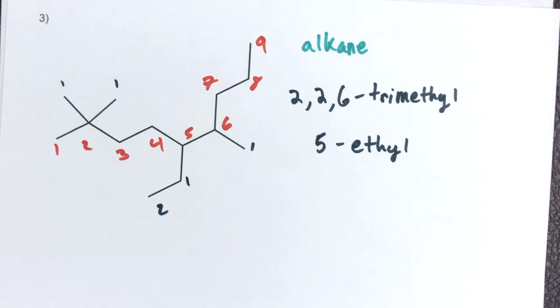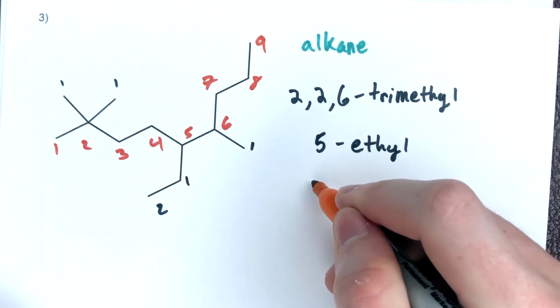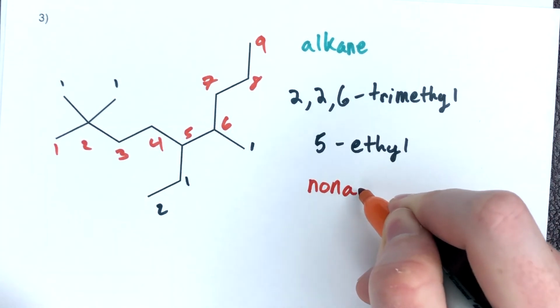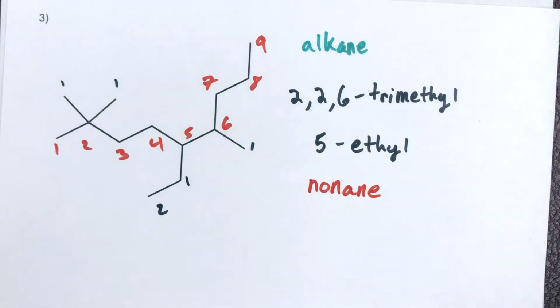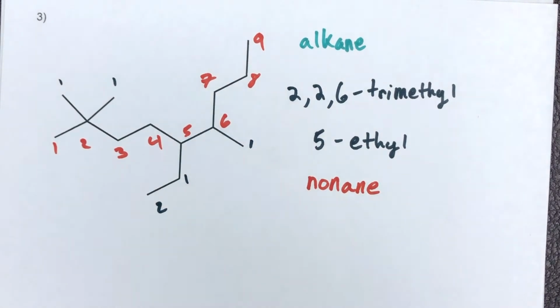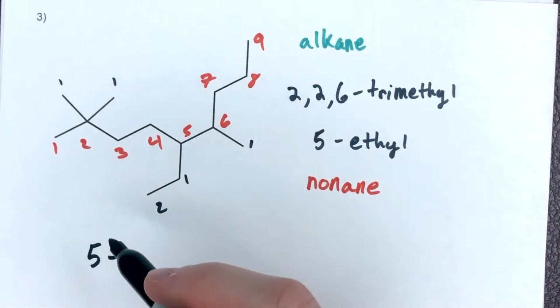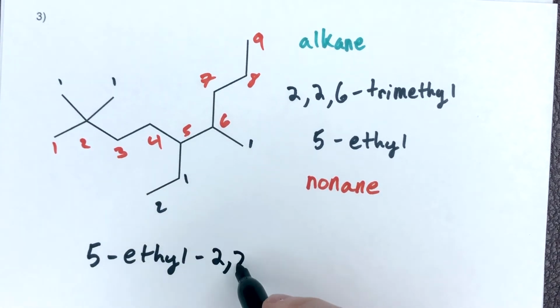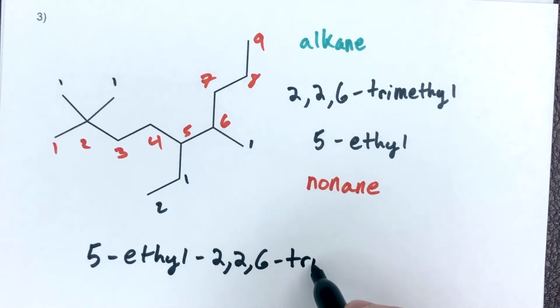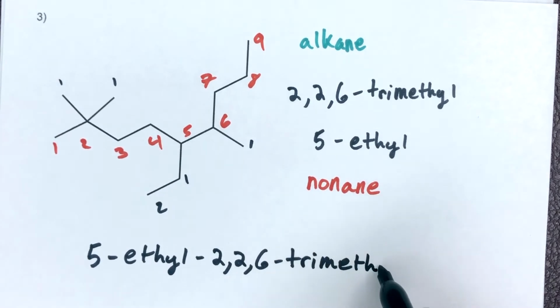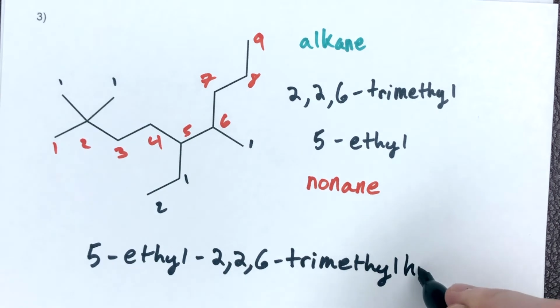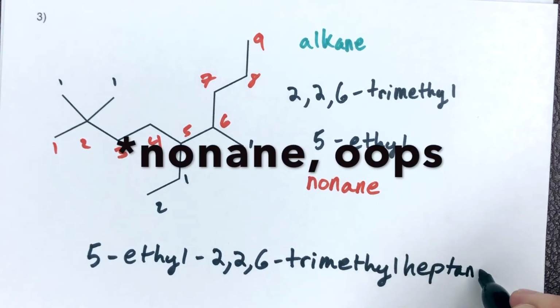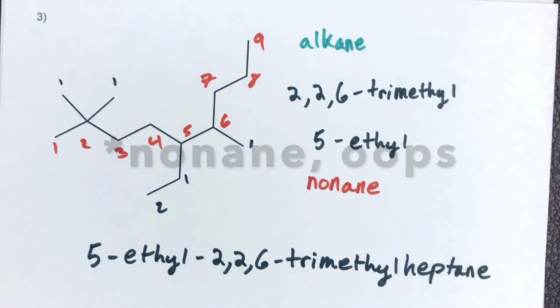Then our base name is 9 carbons, so that is a nonane, where non is 9, ane is because it's an alkane, and that is the whole name. So now alphabetical order again, ethyl comes first, so 5-ethyl, 2,2,6 trimethyl heptane. Okay.